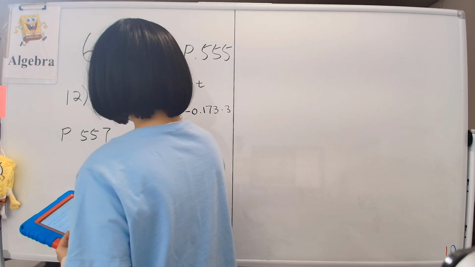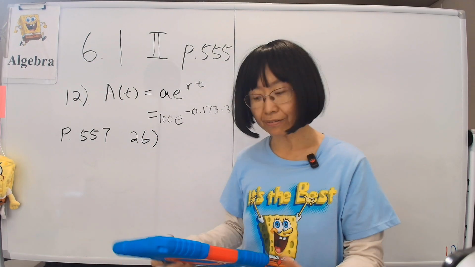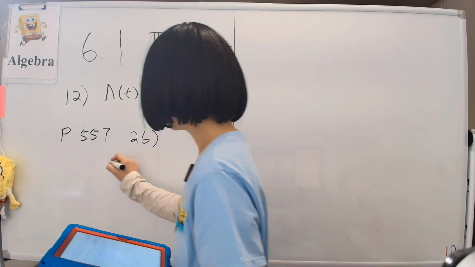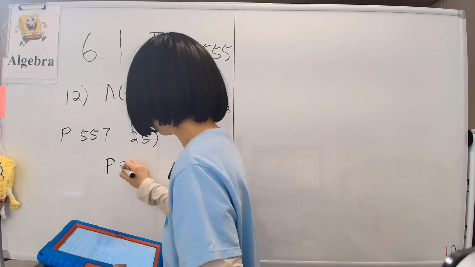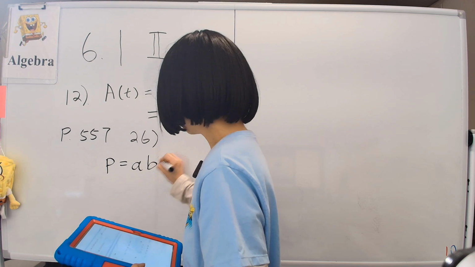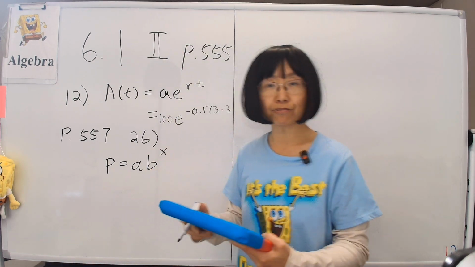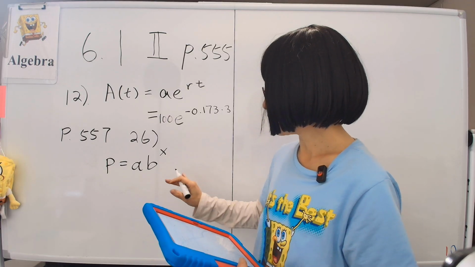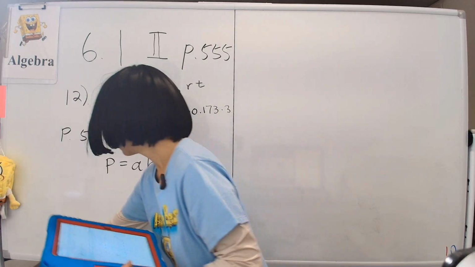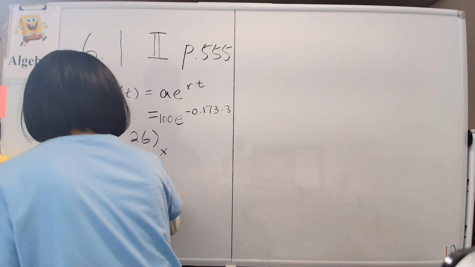First we need to know the formula for the exponential function. The formula normally is, let's call it P, equals A times B to the power x. That's your general formula for the exponential function. We are going to put in the value of x. Why did I say P? You should say f(x), because that's what we have right here.